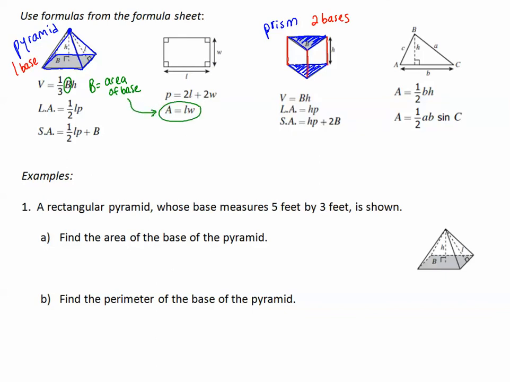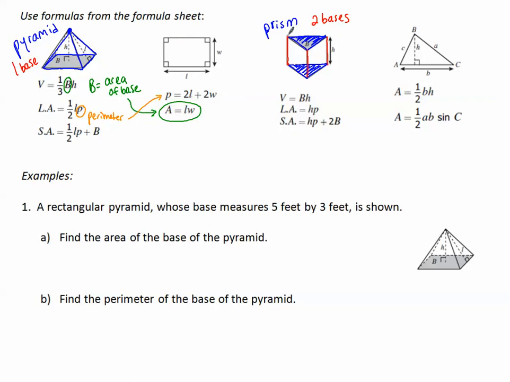Then we have the lateral area formula where we have a lowercase p. That p represents the perimeter, and the perimeter we get from the formula for the perimeter of that rectangle. So we have to sometimes connect using 2 different formulas on our formula sheet, sometimes even more.